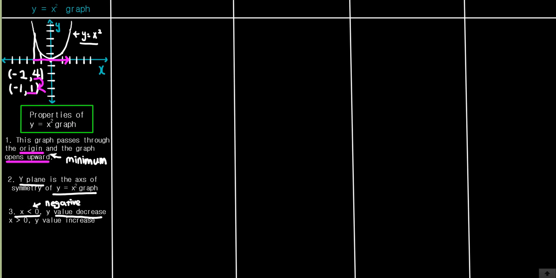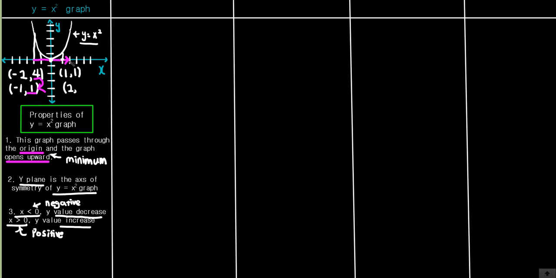Let's think about the next one, when the x value is greater than 0, which means the x value is clearly a positive value, the y value increases. We can actually prove that. When the x value is positive 1, it looks like the y value is positive 1.